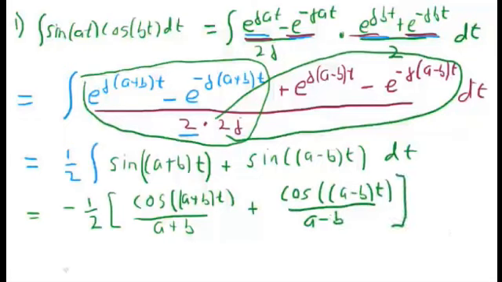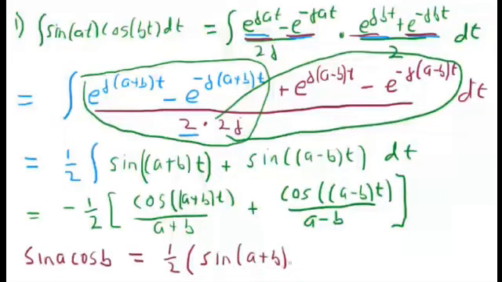To finish off, we'll note that in the process we actually learned a nice trig identity. We learned that sine of a times cosine of b, here I'll just set t equal to 1, equals 1/2 sine of a plus b plus sine of a minus b.